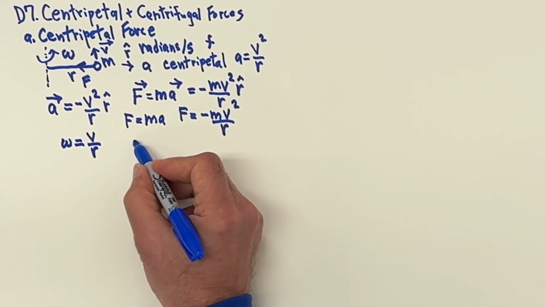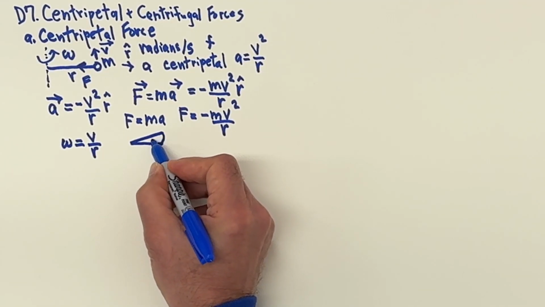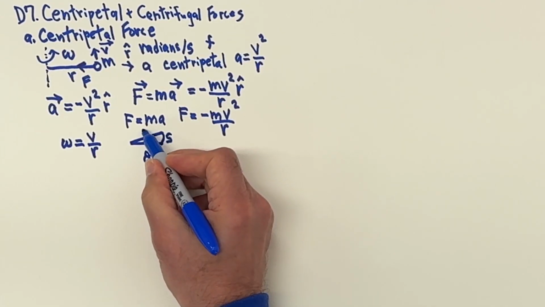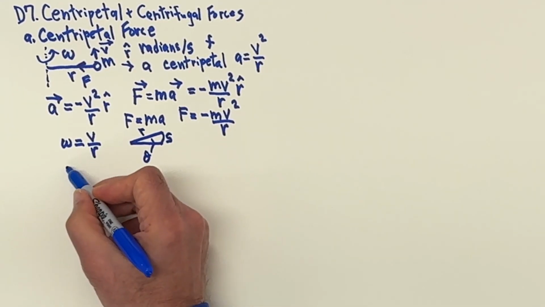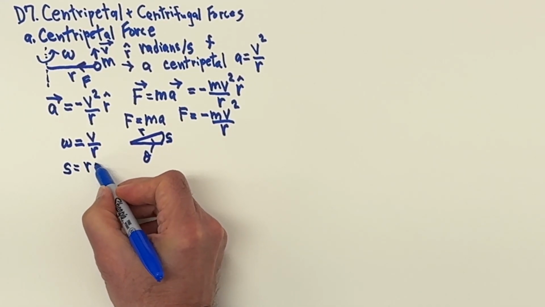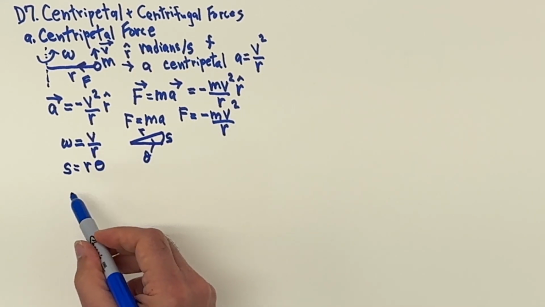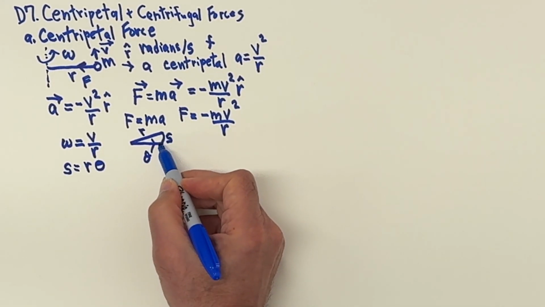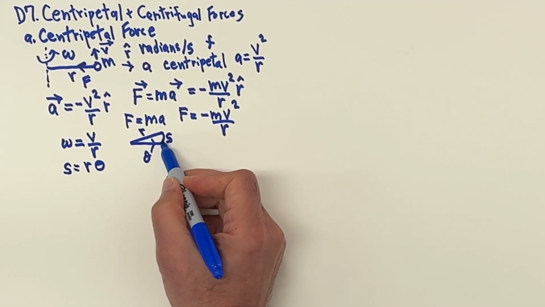Well, remember, we've used this formula many, many times, that if you have an angle theta and an arc length s and a radius r, then s is equal to r times theta. Now, if we take the derivative of the left side, we get the tangential velocity.